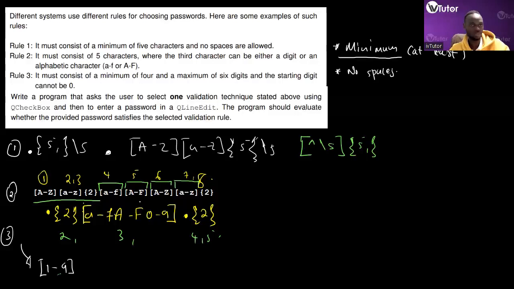So if I remove the first one, which is now kept at 4, I'm left with 3 to 5 to make it eventually 4 to 6. So from the second digit to the 5th one, any digit can do. So I can go with \d if I want, or square bracket 0 to 9, whichever one you want. So I'm going to go with the \d here. Any digits 3 to 5.